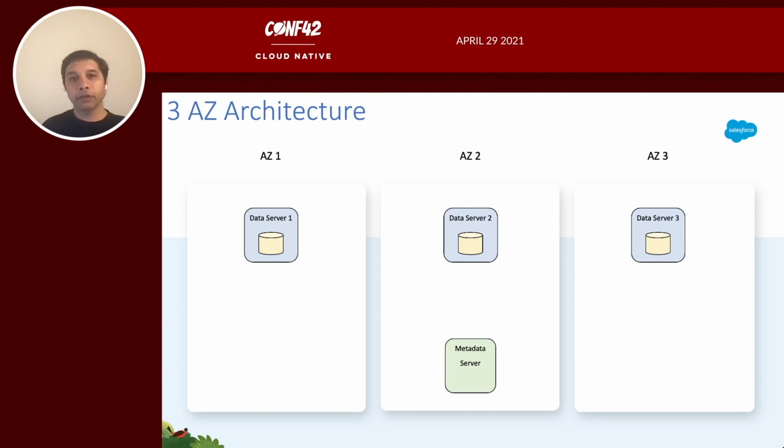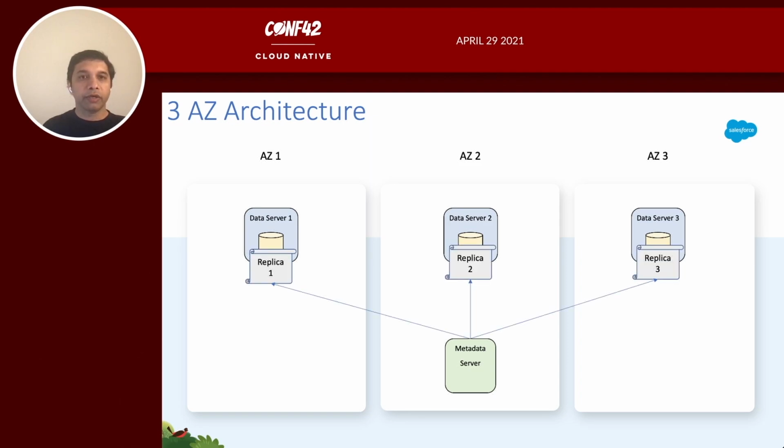Fortunately, in Hadoop itself, when they designed it, they introduced this concept called rack topology, which is sort of the traditional data center terminology, where you tell Hadoop file system, in particular its metadata server, what is the topology of your servers, in which racks they run, and Hadoop will make sure that the replicas are distributed on different racks so that if one whole rack goes down, you still have other racks that can serve the data.